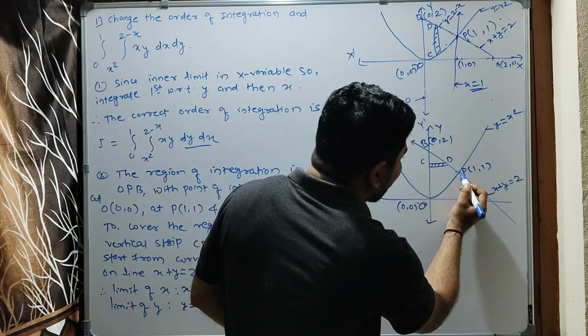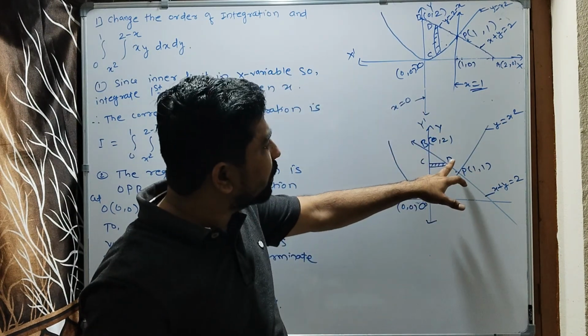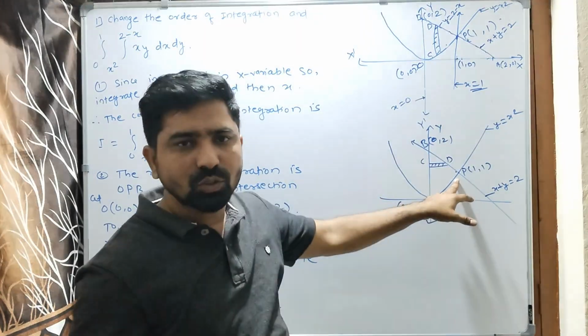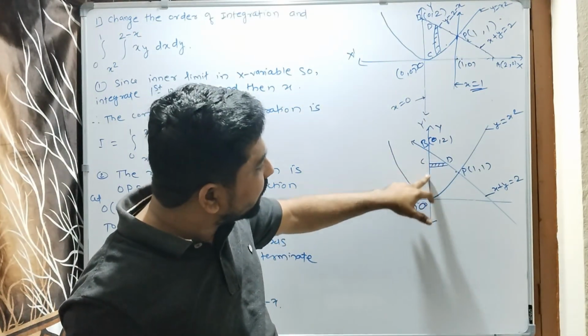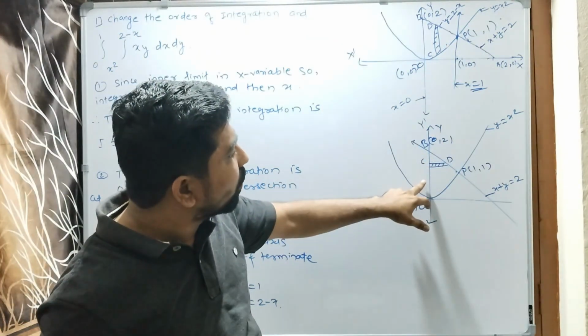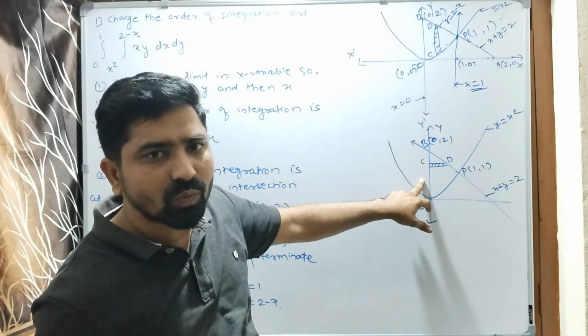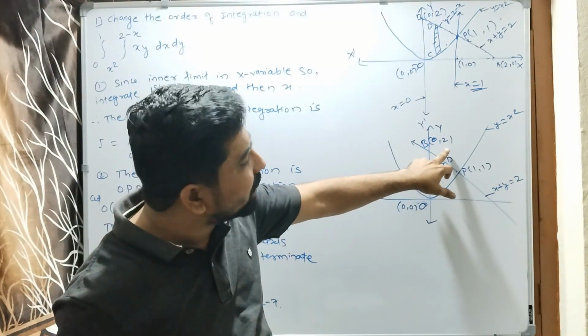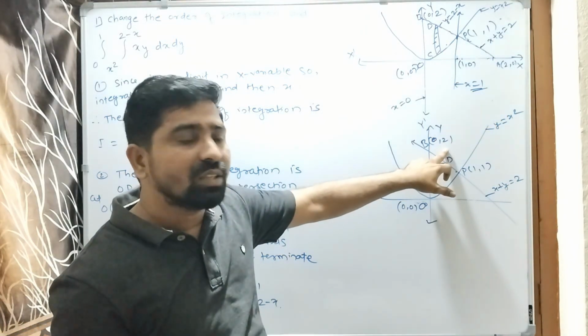After this point P, the D terminal of my strip moves to this point. So the C terminal of my strip is on the fixed line x equal to 0, that is the y-axis. But the D terminal of my strip changes the line.